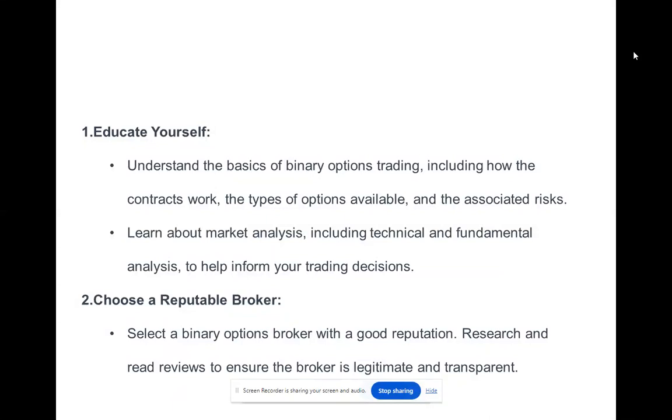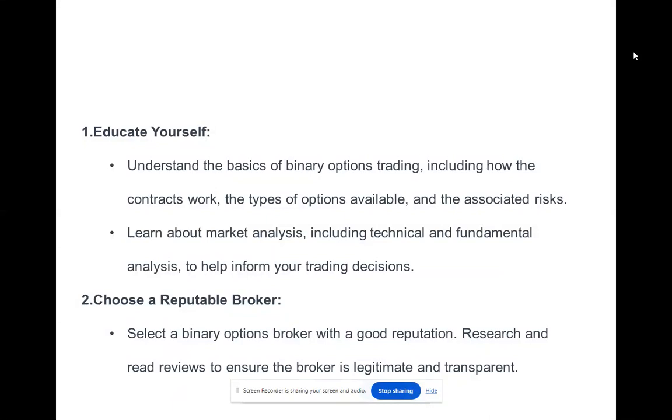Same thing with Pocket Option. I cannot just choose a broker without checking the reviews. So you must choose a reputable broker to trade with.